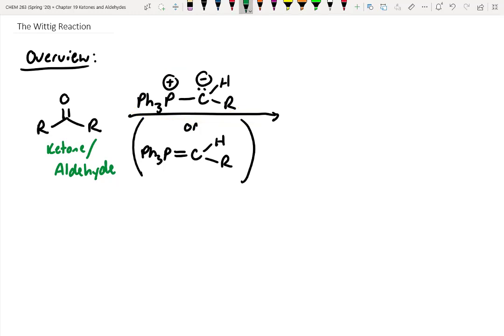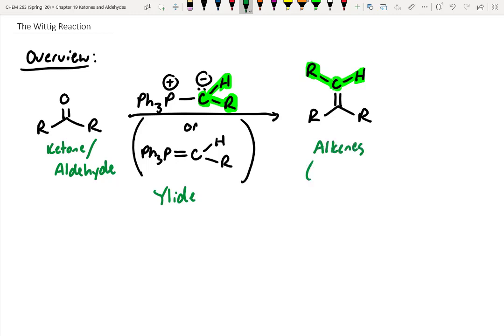So this is called an ylide with a Y. And when we're done, what happens is we replace the carbon-oxygen double bond with a carbon-carbon double bond. So really, this whole group right here that I'm highlighting is going to replace wherever that oxygen was on there. So it's pretty powerful. It's a good way of making new alkenes. And it tends to favor Z alkenes.